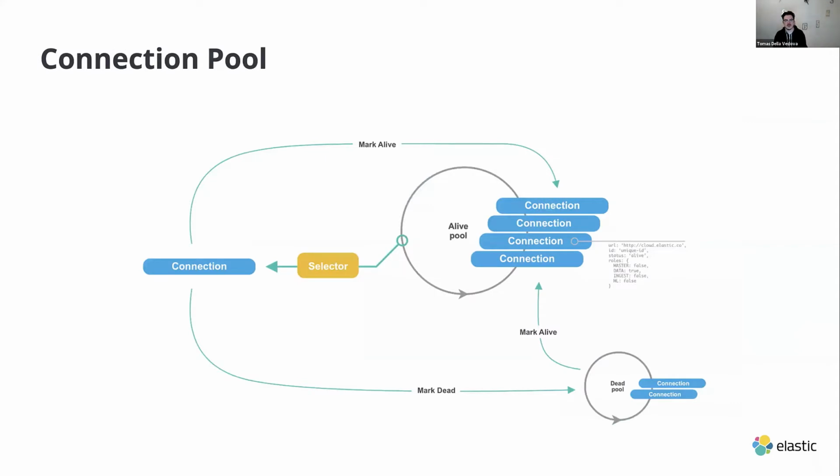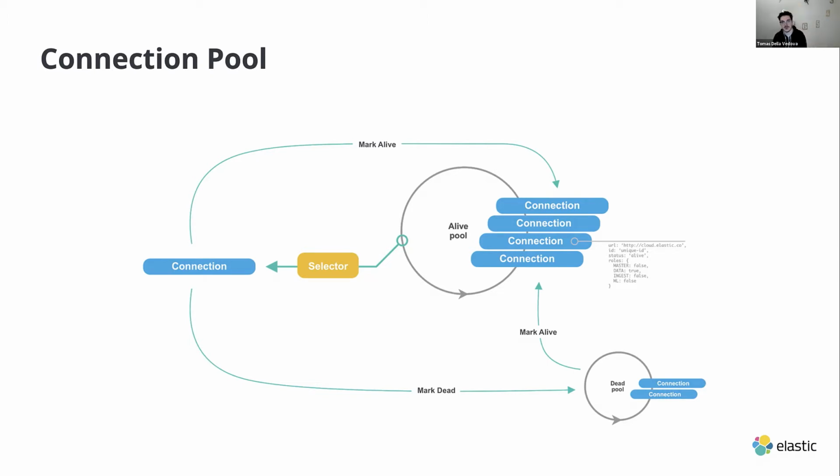So what is the connection pool? The connection pool is nothing more than a class which contains what we call an alive pool, which has all the connections that we think are still reachable. As soon as the transport needs to send a request, it calls the selector, and the selector picks one of the connections. It gives it to the transport, which runs the request, and if the connection has been successful, it will mark it as alive and put it back in the alive pool.